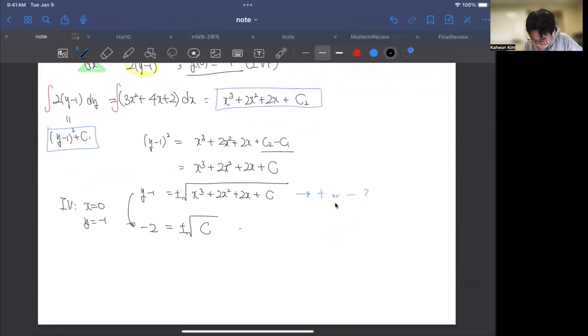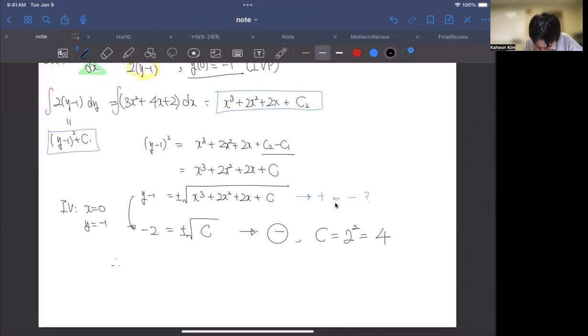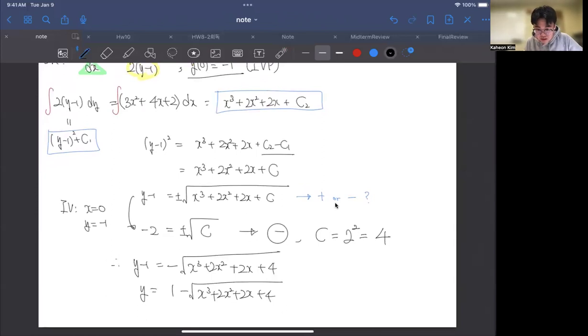So we can tell that, first of all, the minus sign should hold, and c would be 2 to the power of 2, which is 4, right? So we get y - 1 equals minus the square root of x cubed plus 2x squared plus 2x plus 4, and we get the explicit solution of this equation in this form, right?